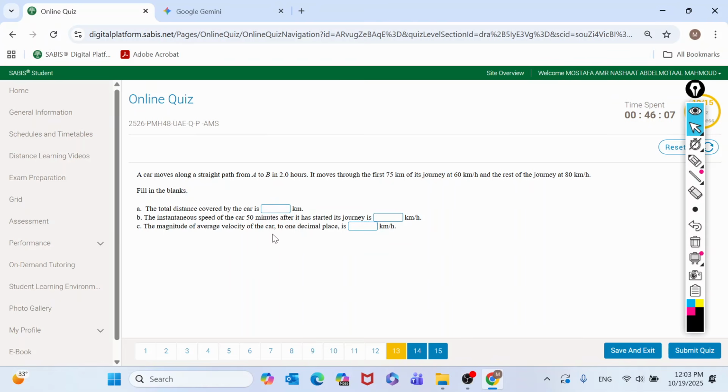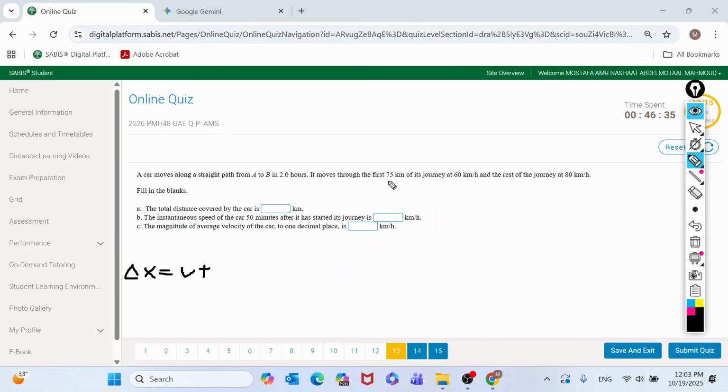Okay, so first, we need to find the time it took to cover the first distance. So we're gonna use x equals Vt, because there's no acceleration, or delta x equals Vt.